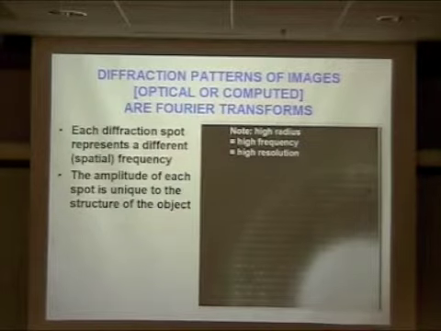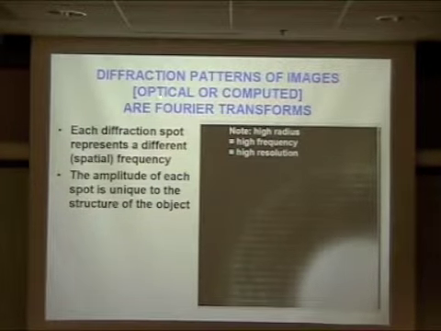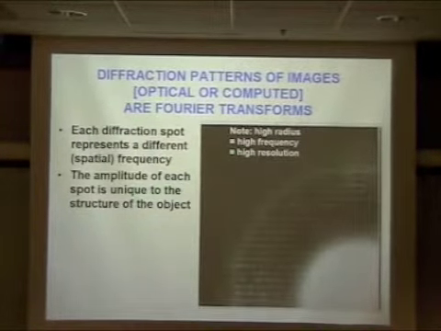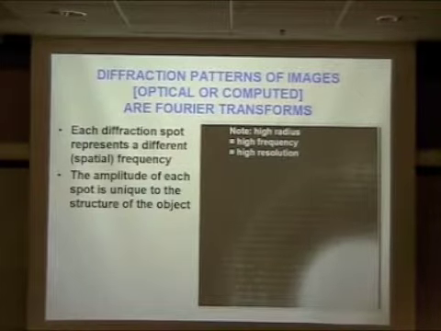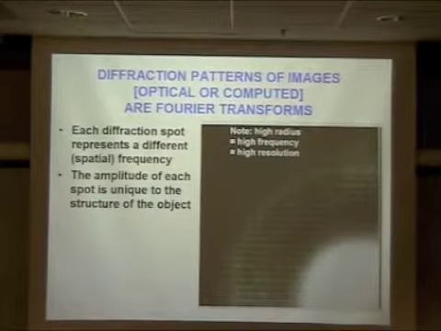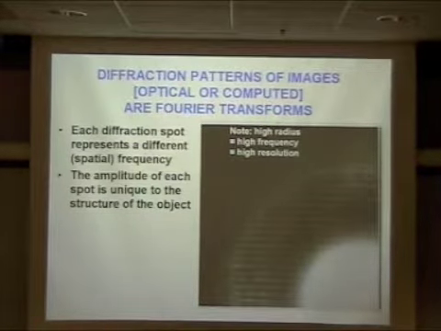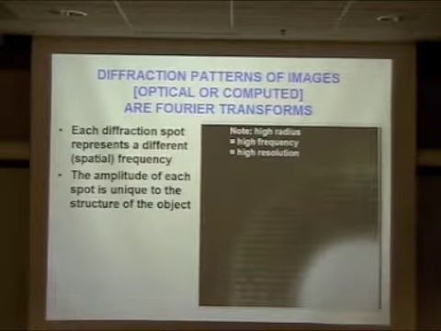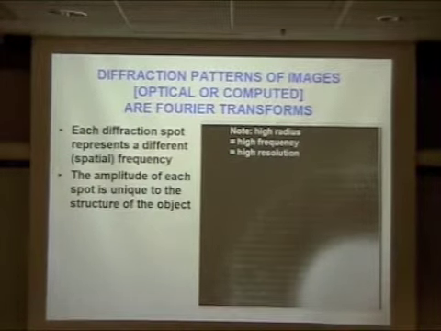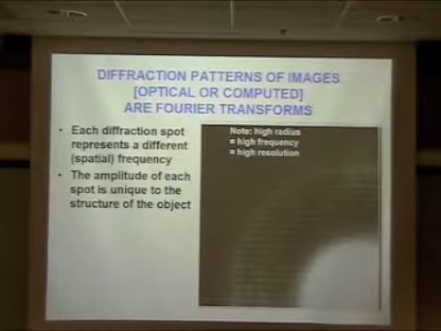Diffraction patterns, whether they are optical diffraction patterns of an image or they are computed, in this case it's also an electron diffraction pattern of the Coulomb potential, diffraction patterns are all Fourier transforms. I should qualify that by saying Fraunhofer diffraction patterns.